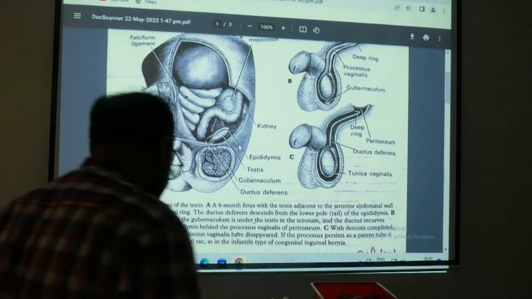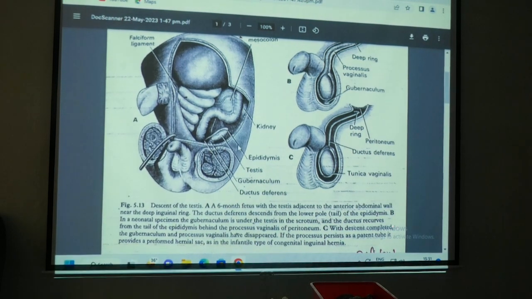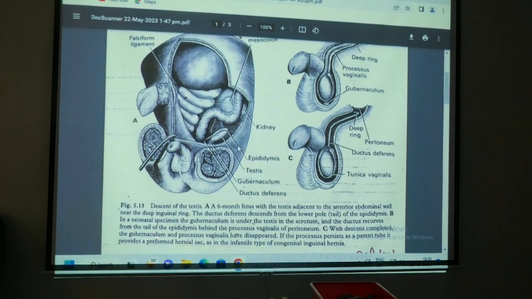এই দেখো এখানে কি লিখেছে: with descent completed then gubernaculum and processus vaginalis have disappeared.